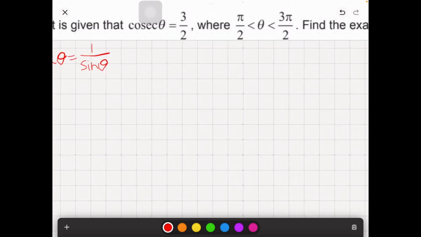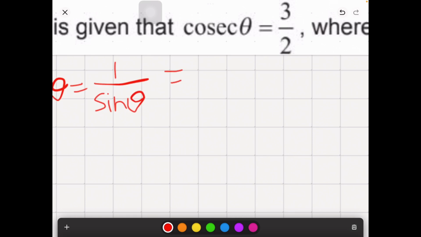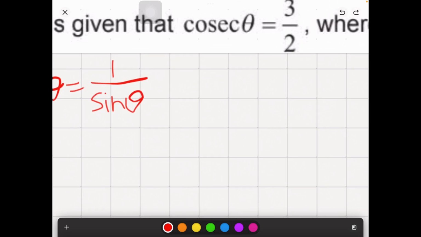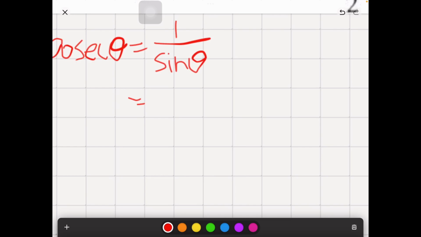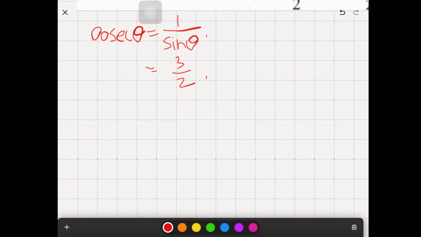And this is also equal to 3 halves. Because these two things are equal to each other, we can equate them. So it would become 1 over sine theta is equal to 3 halves.